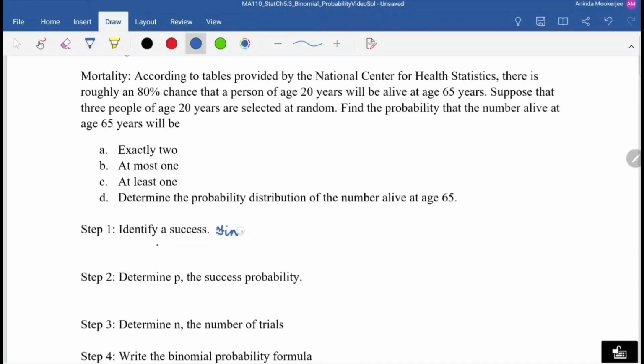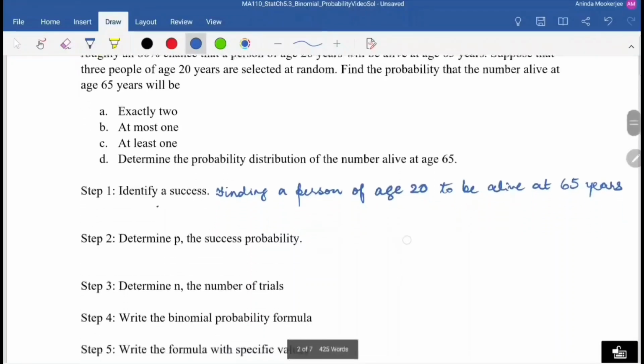Finding a person of age 20 to be alive at 65 years, or until 65 years. All right. Next is determine P, the success probability.